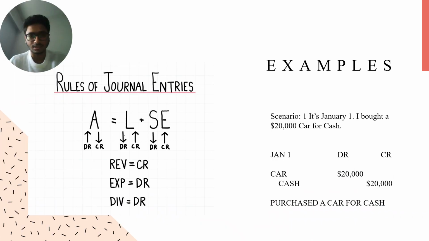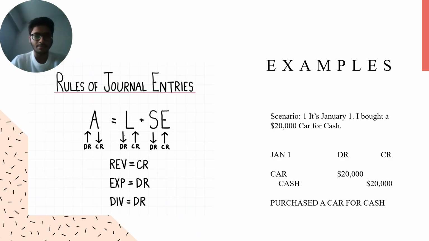Before solving these examples, let's look at the rules of journal entries. This is the accounting equation: assets equal liabilities plus shareholders' equity. When our assets increase, we need to debit, and when our assets decrease, we need to credit.